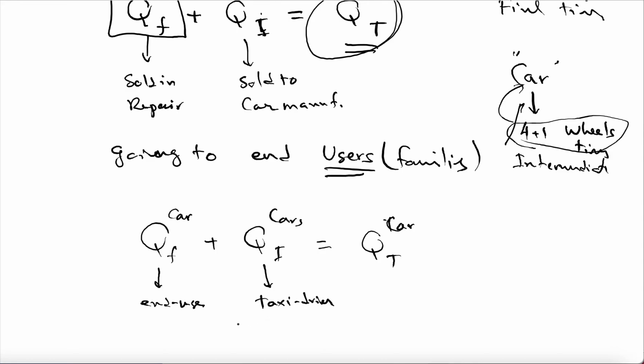He's giving a transportation service, so this is not an end user. If you catch a taxi, you are not using up the car, the taxi driver is using it. So that is intermediate. And if I go to the car factory and ask how many cars you have produced, it gives me the total one. So it's my task to separate how many of the cars are used as intermediate and how many as final. The one which goes to the end user must be counted in the GDP.